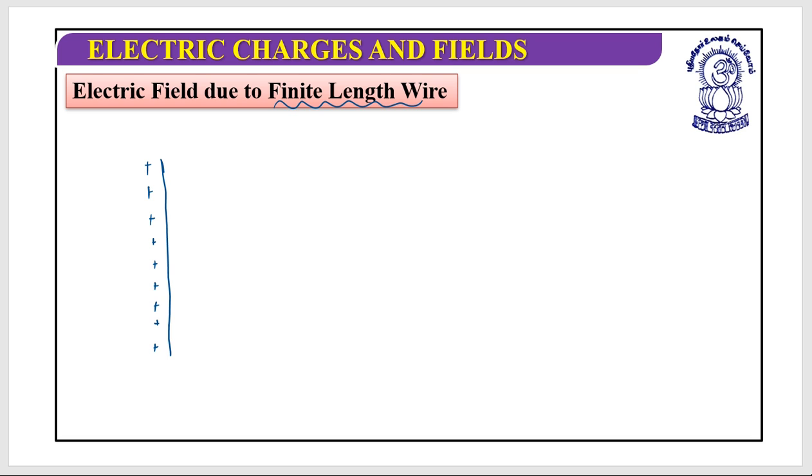Let's say one wire is given, having a linear charge density of lambda, and it has been given a positive charge. You need to find the electric field at this point. Now listen to this very carefully. Let's say this distance is r. You need to make two lines from the ends of the wire to the point where you require the electric field.